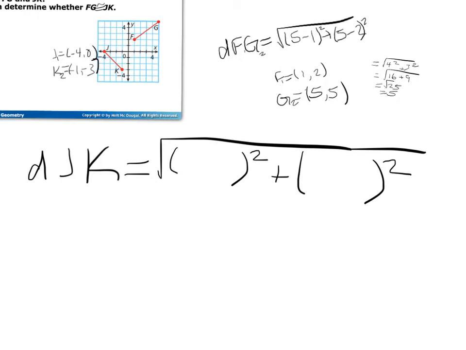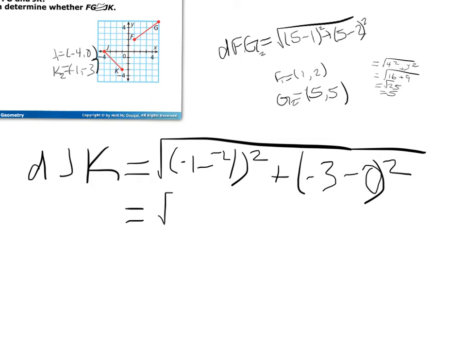So again, now I'm just going to substitute everything. This calls for my x2 spot. x2 is going to be -1, and I'm going to subtract the x value of point 1, which is -4. Over here, I'm going to take the y value of point 2, which is -3, and subtract the y value of point 1.